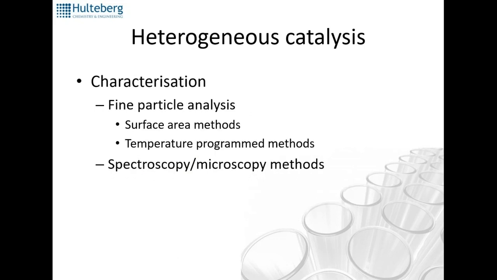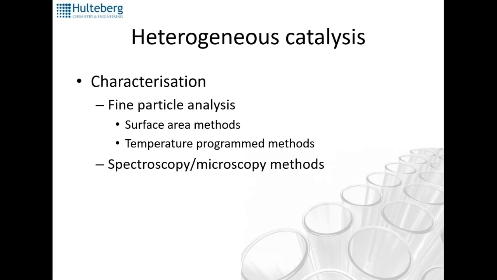An important part of understanding heterogeneous catalysts is the characterization. And characterization is what we call the understanding of the catalyst material in more detail. We use something called fine particle analysis, where we look at the surface areas, physisorption, chemisorption, etc. We also use temperature programmed methods.